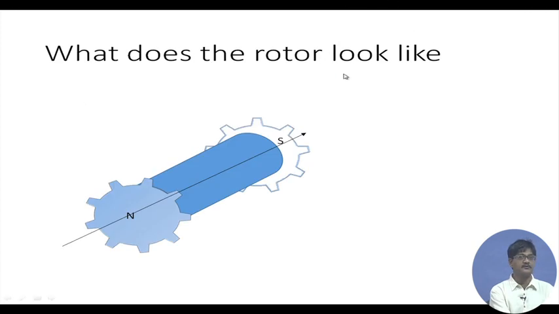Coming back to our discussion, but how do we attain that physical configuration of poles being alternate in position to each other in the circumferential direction? For that, if we have a look at the rotor of a stepper motor, it is basically a permanent magnet with two heads on two sides, looking just like two gears with 50 teeth on each, and they are having half a tooth stagger.